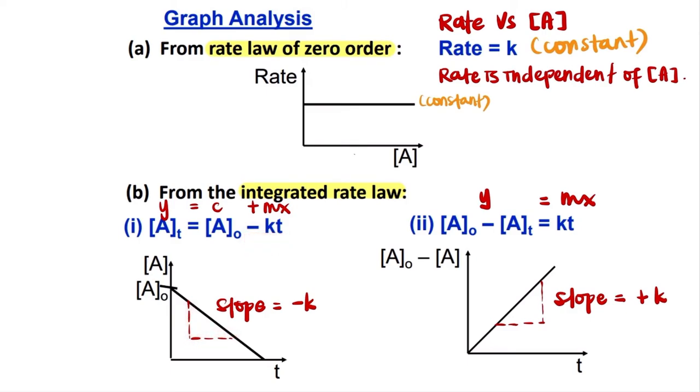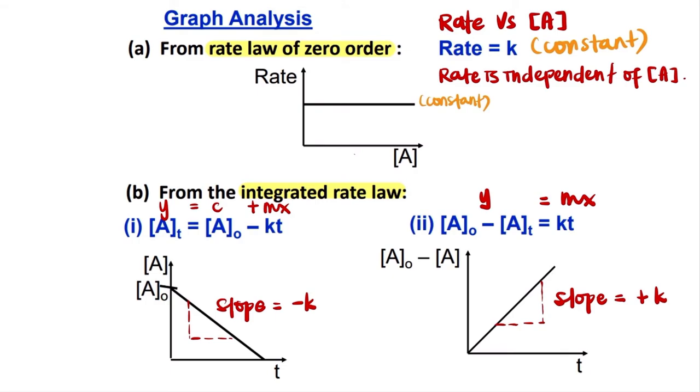So your rate constant will be the K, alright. So make sure to transfer this to here to find your rate constant, okay. So yang ni just guna y2 minus y1 over x2 minus x1, to find the slope.